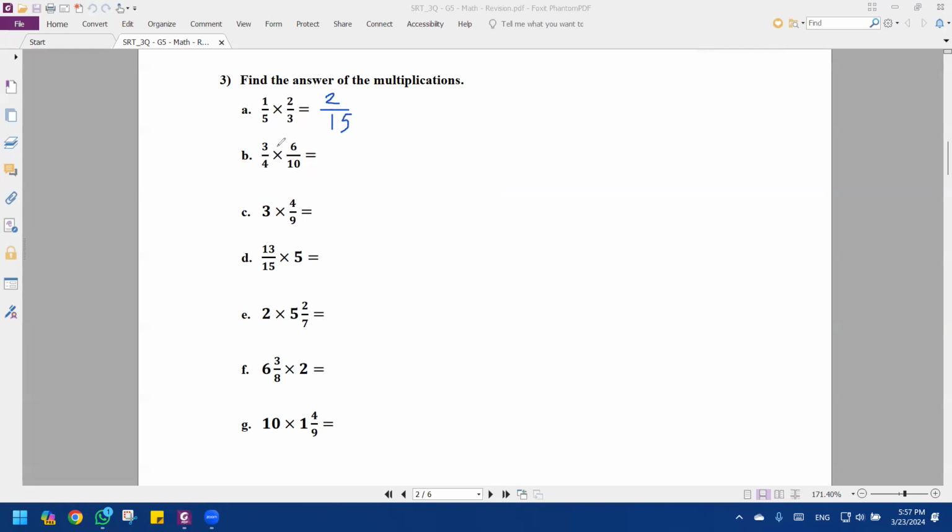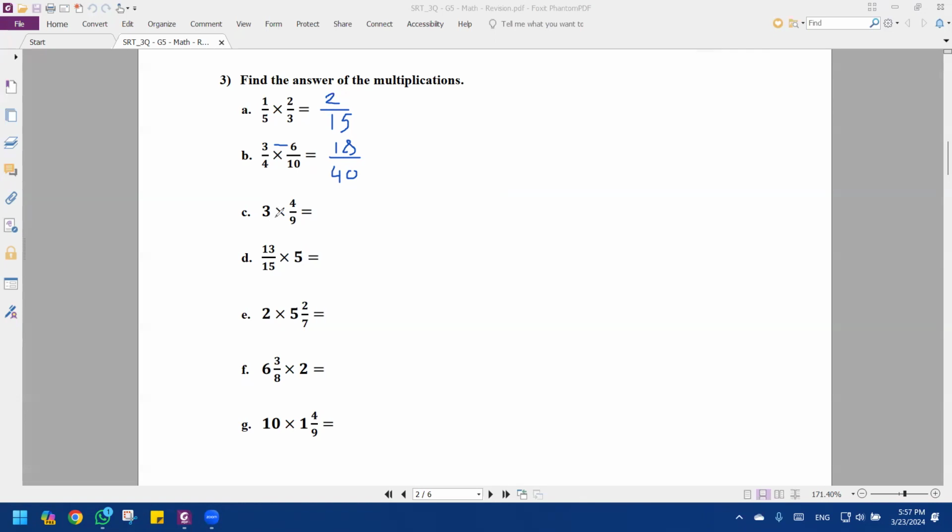The second one, 3 times 6, 18. 4 times 10, 40. Okay, now here there's a problem. We have normal value 3 times 4 over 9. We said up times up, down times down. But 3 has only one place.